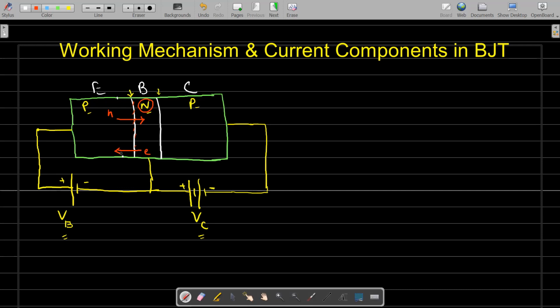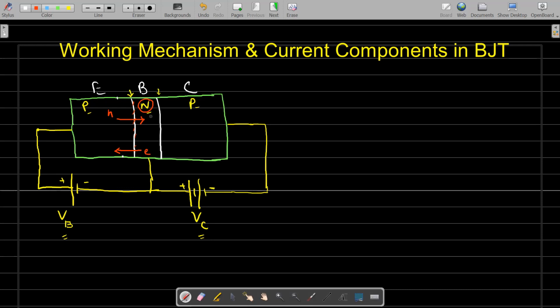It may be noted that, as I mentioned in the previous lecture, the base region is very thin and small in area, and its doping concentration is smaller compared to emitter and collector. So only a few majority carriers, that is electrons, are present in the base region.